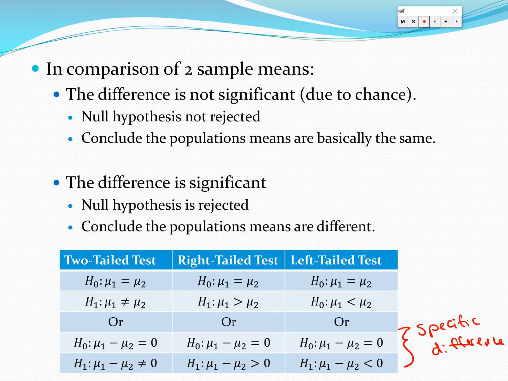Now I know when I made this table, I put each difference as just being 0, but that 0 could be anything. So again, if we're trying to show the average lifetime of brand A versus brand B, if brand A was greater than brand B by 5 hours, we'd put a 5 in there instead of a 0. So if you're given a specified difference, the 0 will become whatever your difference is.